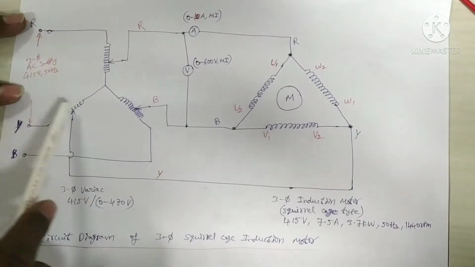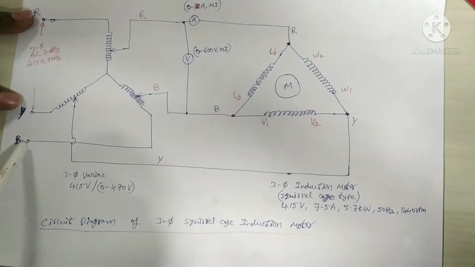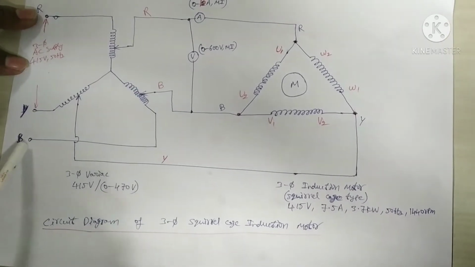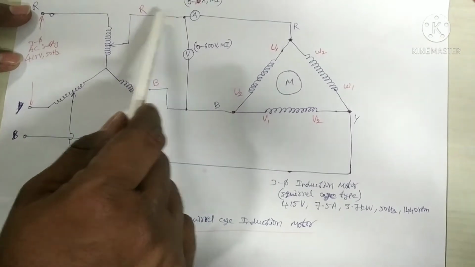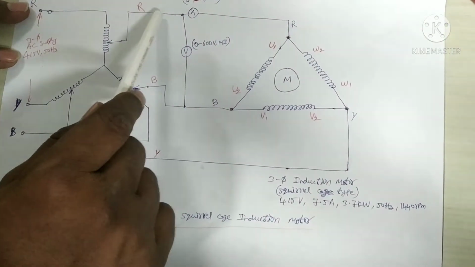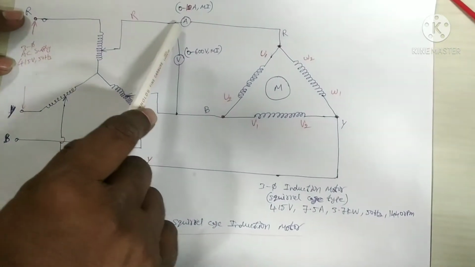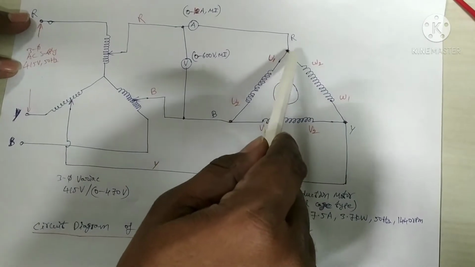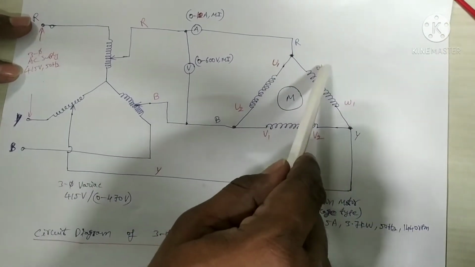If you observe this, a 3-phase 415 volts 50 Hz AC supply is given to the 3-phase auto transformer input terminals. At the output terminals, the R wire is connected to the voltmeter and another wire is connected to the ammeter. The ammeter's second terminal is connected to the short circuit point of U1 and W2.